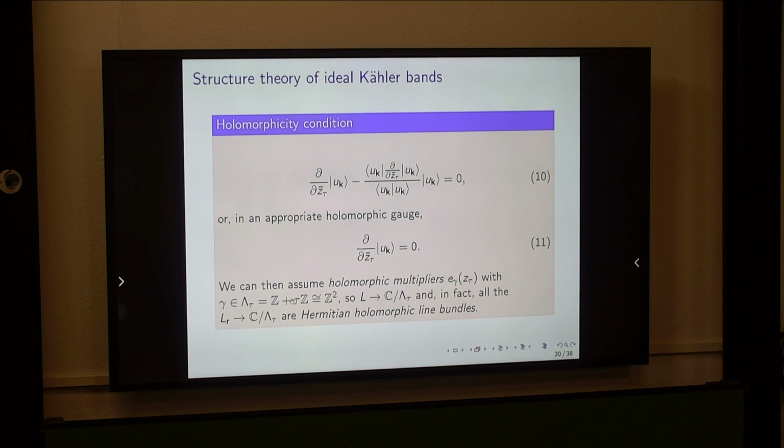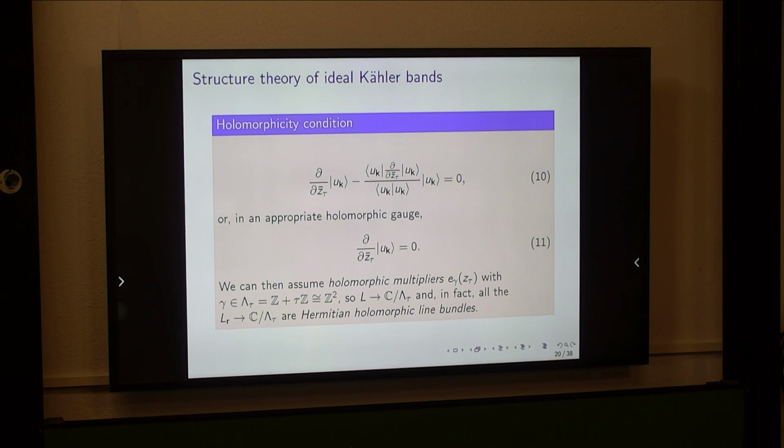What happens is that this line bundle, L, that I had in the start, is no longer just a smooth line bundle, or just a Hermitian line bundle with connection, but it's a Hermitian holomorphic line bundle.